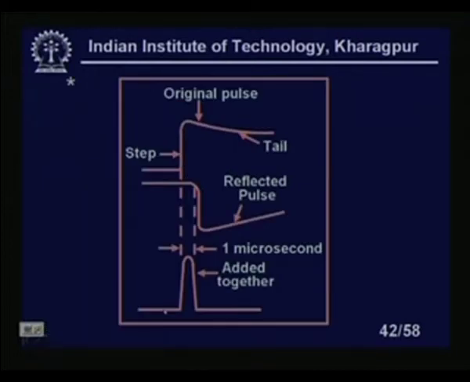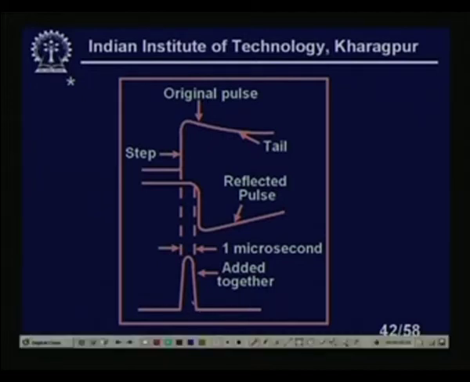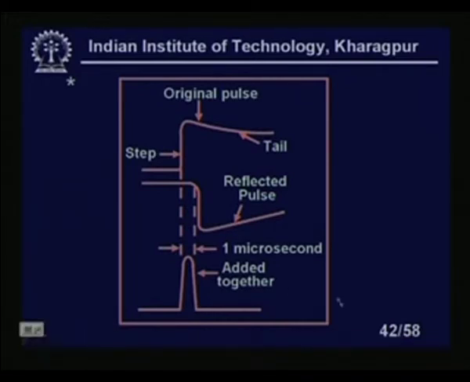You see this original pulse. Now, the reflected pulse is coming like this, and if I combine these two, the other parts will be cancelled out and I will get this pulse. This pulse is utilized for making the detection and further diagnosis purposes.